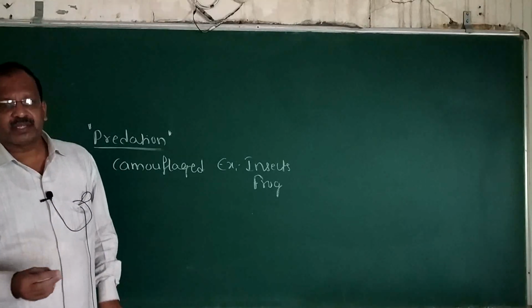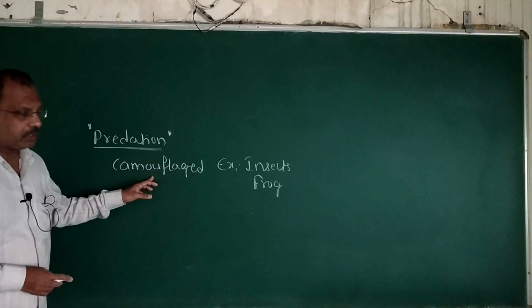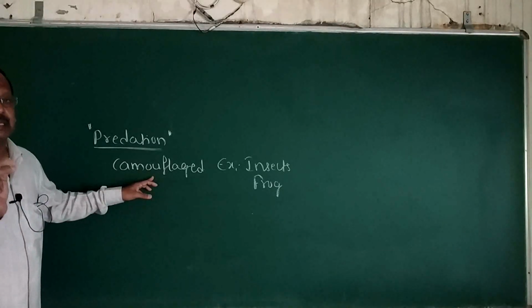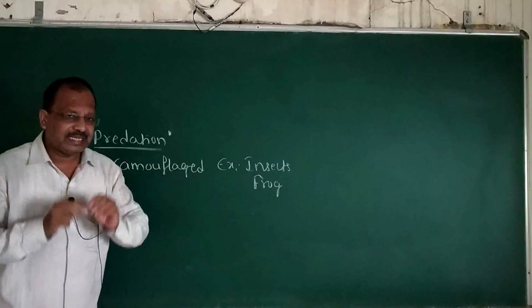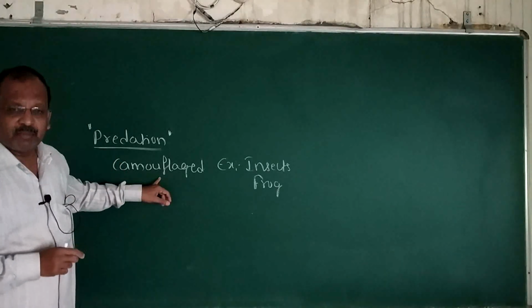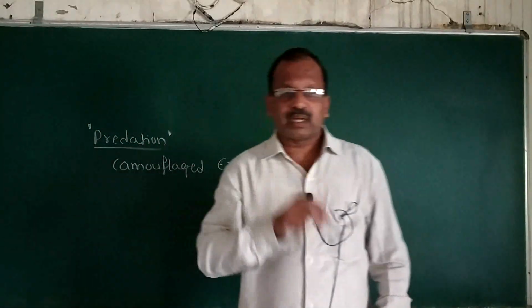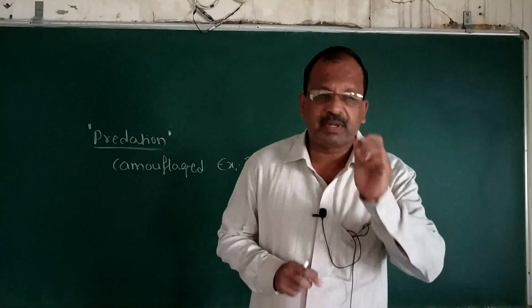But in your syllabus, they have quoted only 2 examples. One is camouflage, cryptically colored, so that they are not easily detected by the predators.